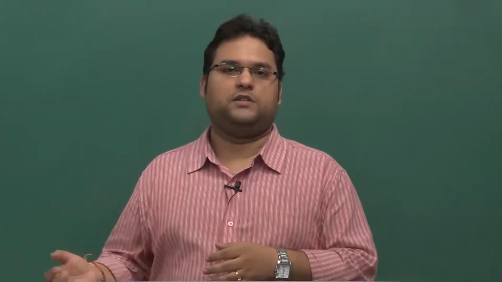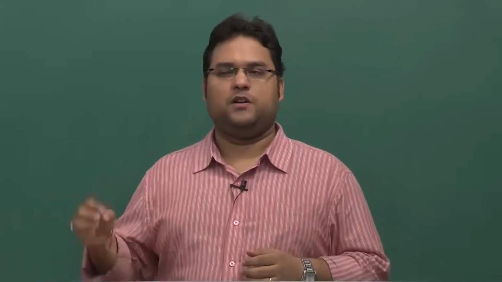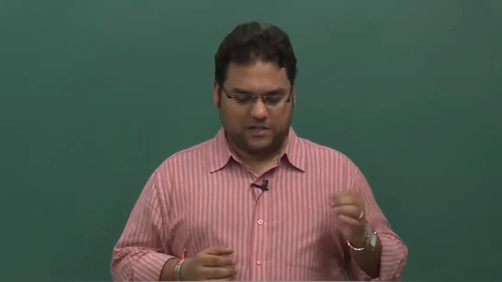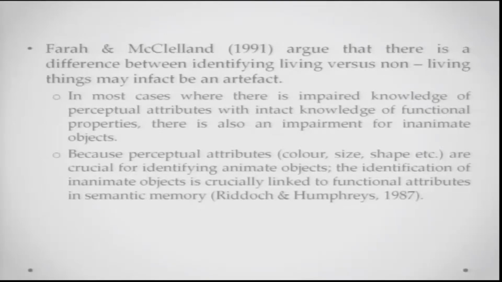So, this impairment is not really a perceptual or attentional impairment; it is basically that you do not know about the perceptual attributes, but you at least know about the function part. Because perceptual attributes are crucial for identifying animate objects, the identification of inanimate objects is crucially linked to the functional attributes in semantic memory.